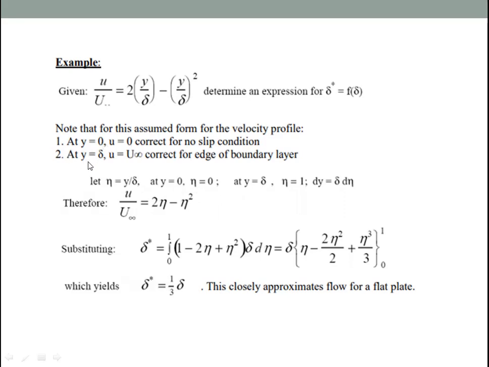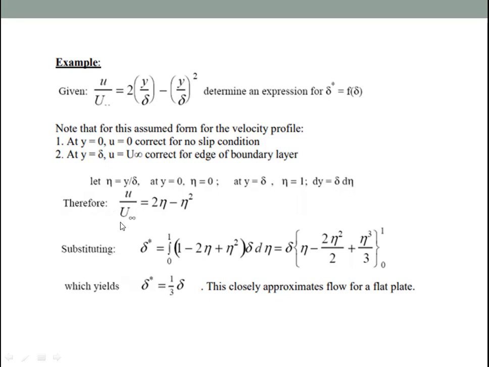The second one is at y equal to delta, u is equal to u infinity. Now I put the second boundary condition in eta equal to y by delta. I put delta at y, so delta upon delta is nothing but 1, therefore eta is equal to 1. Therefore dy is equal to delta into d eta.